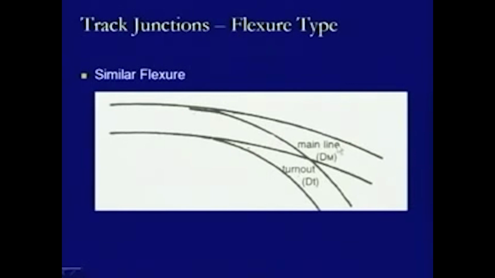So, a pair of jack rails will also be there. So, pair of wing rails, pair of jack rails, one pair of points or switches, and one crossing, plus we have the curved leads, we have two pairs of curved leads, and that is what becomes the similar flexure track junction or turnout.